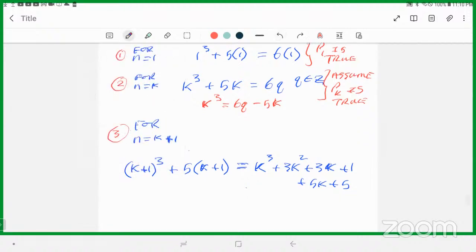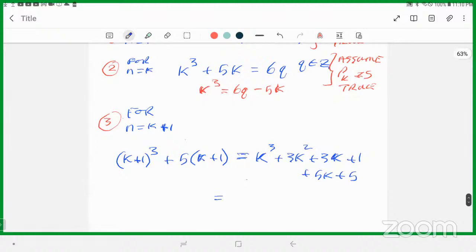So I'm going to write this now as k cubed plus 5k. That's this and this. Then you see this and this? I'm going to factorize 3k out of it. I'm going to get plus 3k times k plus 1.